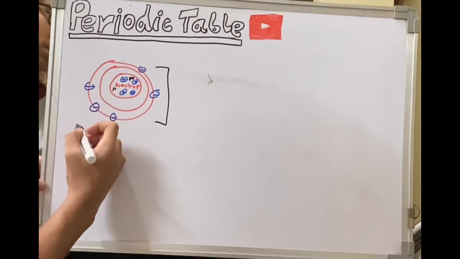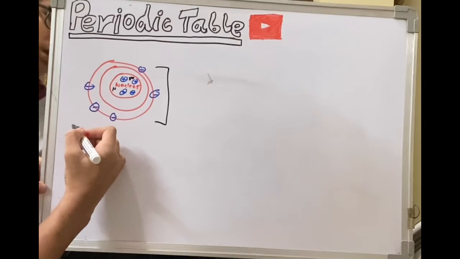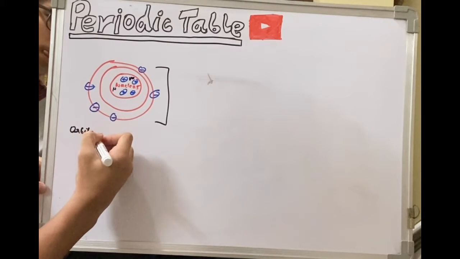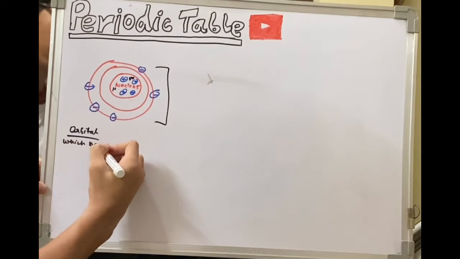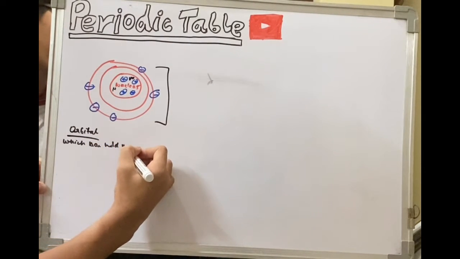So at the basic level, there is something known as an orbital, which can hold a maximum of 2 electrons.